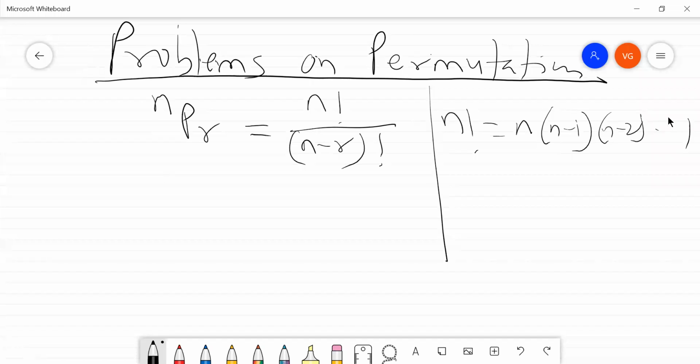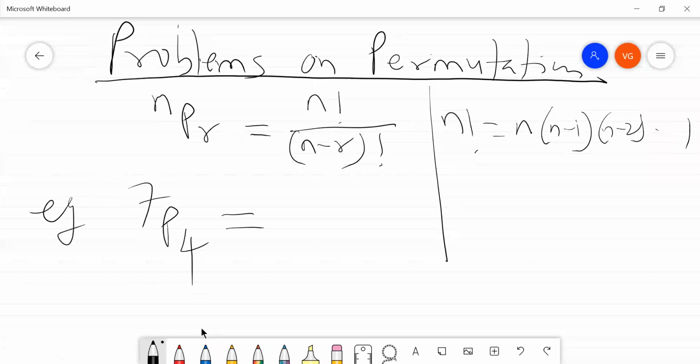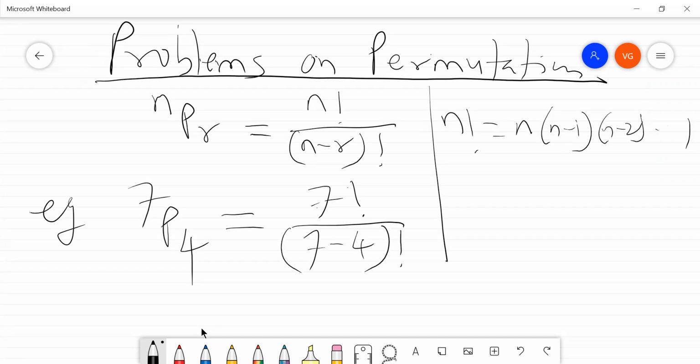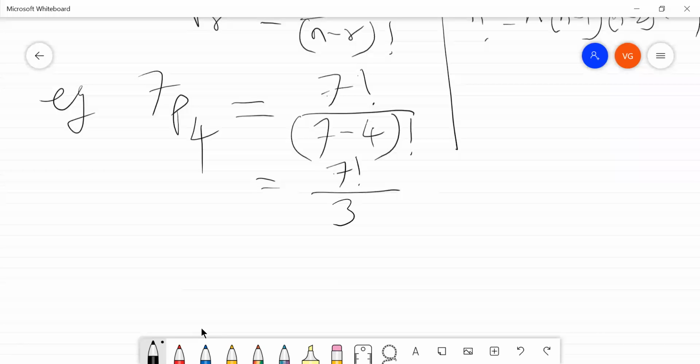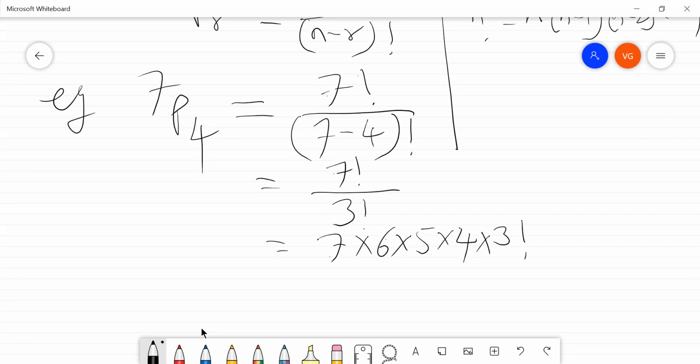For example, if out of 7 objects you have to arrange any 4 objects, how many such arrangements will be possible? It will be 7P4. And how do you calculate that? 7 factorial divided by (7 minus 4) factorial, which is 3 factorial. 7 factorial is 7 into 6 into 5 into 4 into 3 into 2 into 1, which I can write with 3 factorial, and in the denominator it is 3 factorial.